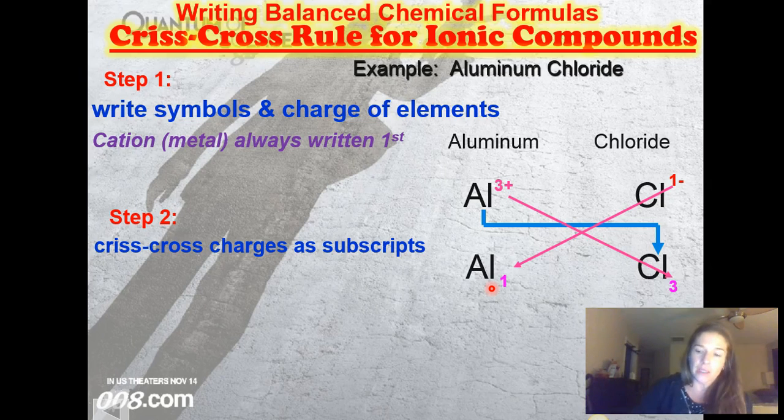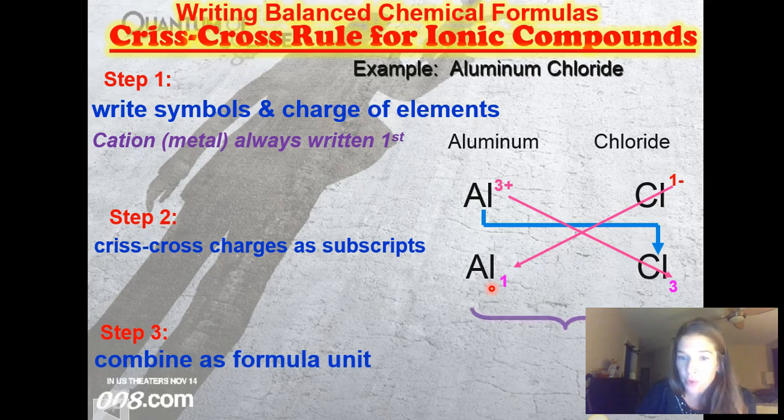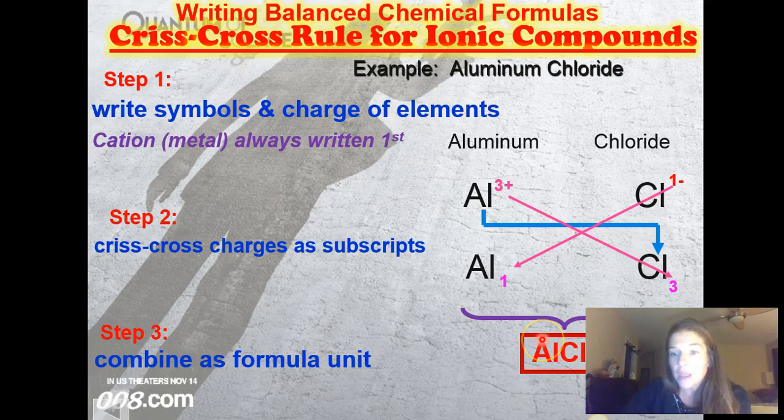Then you're going to combine it as one formula unit, and what that looks like is AlCl3. Okay, so aluminum has a +3 charge, chlorine has a -1. It's going to take 3 chlorines to balance out the charge of this aluminum so that we have a neutral atom. The resulting formula unit then would be AlCl3.